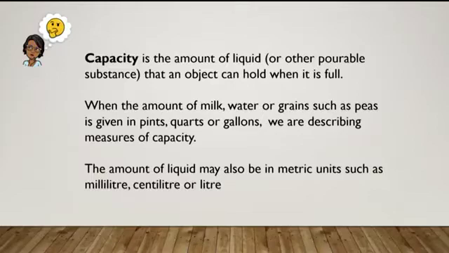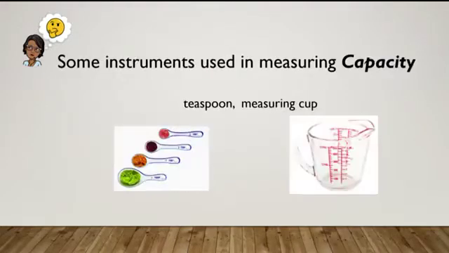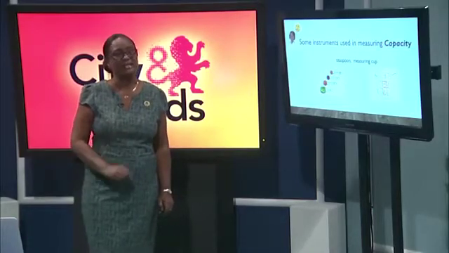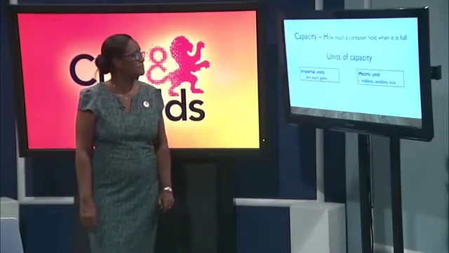The amount of liquid may also be in metric units such as milliliters, centiliters, or liters. The instruments popularly used with capacity are the teaspoon and the measuring cup. But of course, we in Jamaica will use the quart pan if you go to the market as well.